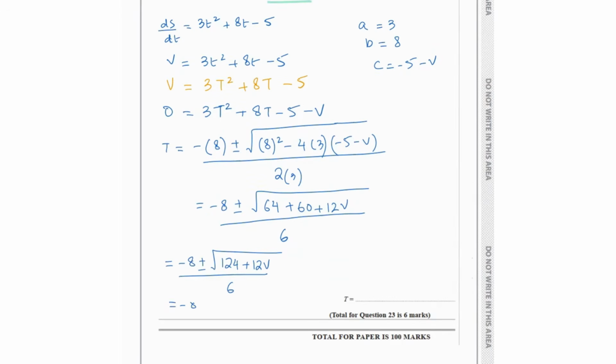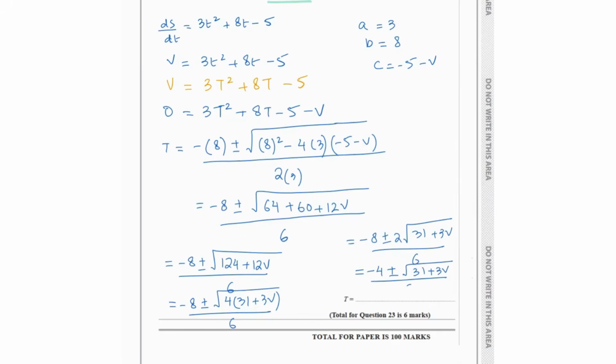Between 124 and 12, we have 4 common. So that's 31 plus 3v, over 6. The square root of 4 is 2, so that comes outside as 2. We can simplify this. -8 becomes -4, this becomes 1 because we're dividing everything by 2, and this becomes 3.